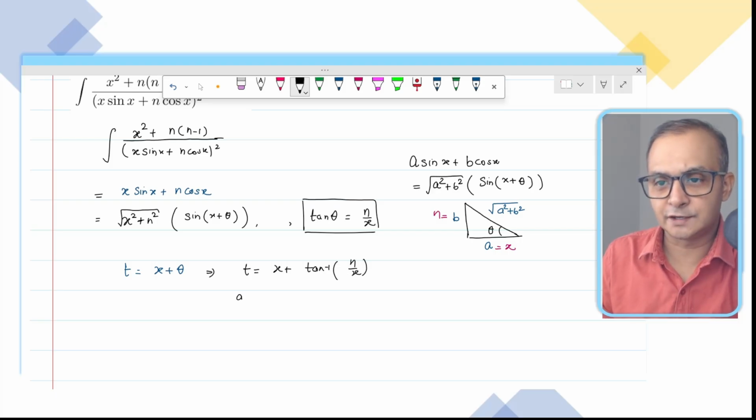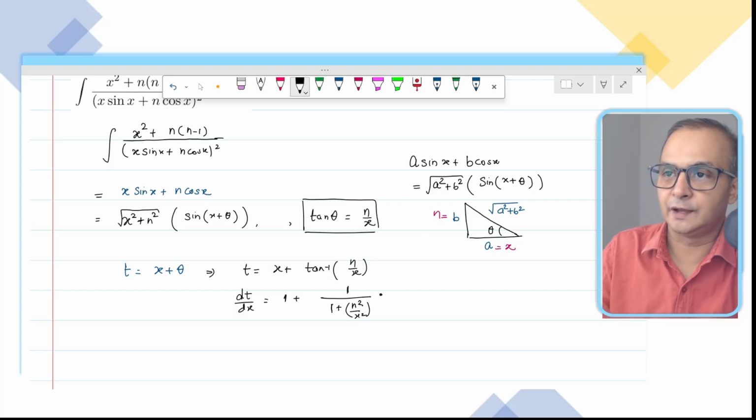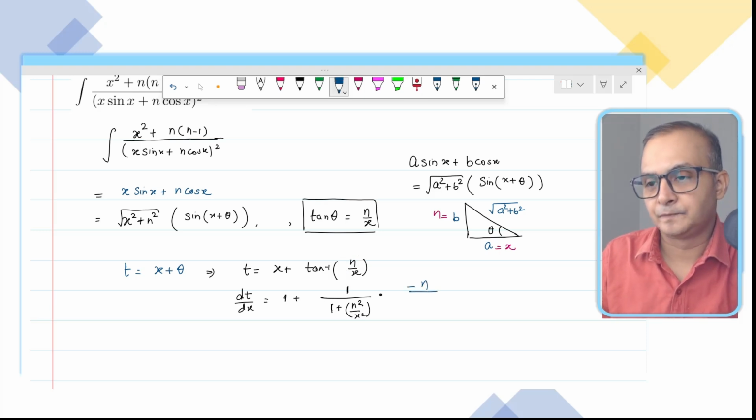Now let's differentiate it. So dt by dx is 1 plus 1 by (1 plus n squared by x squared), and with the chain rule, I have to differentiate one more time that argument n by x. That will give you minus n by x squared.